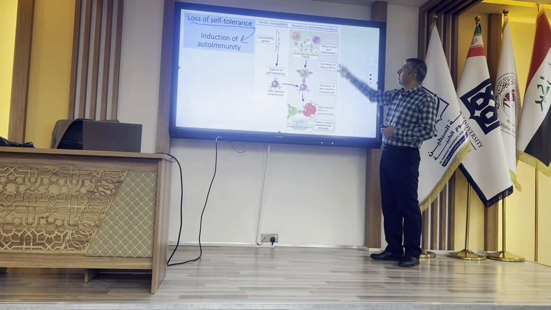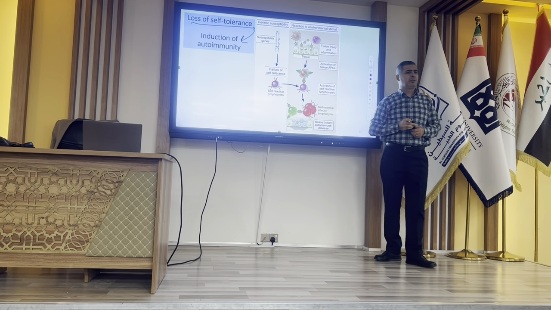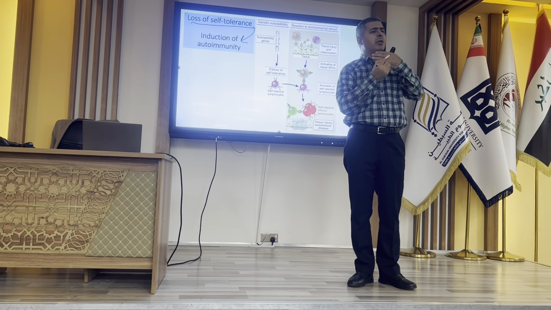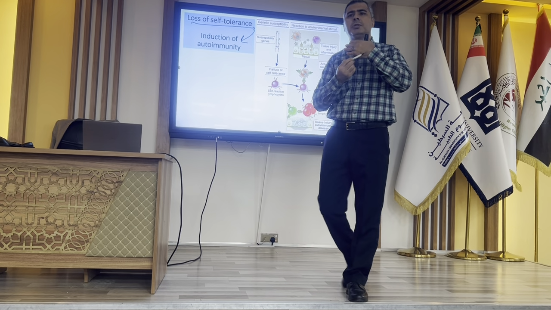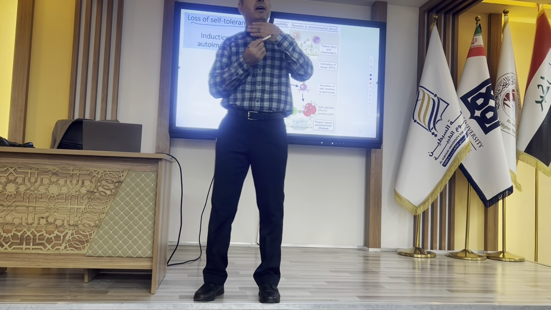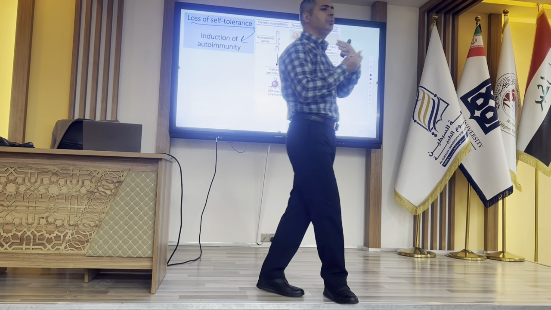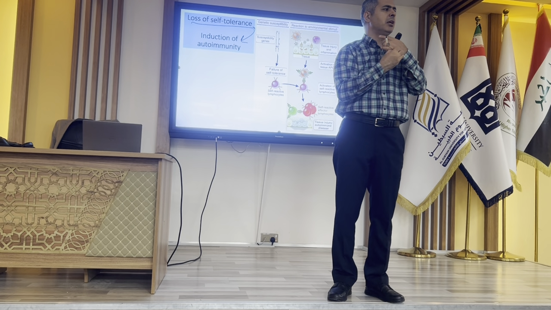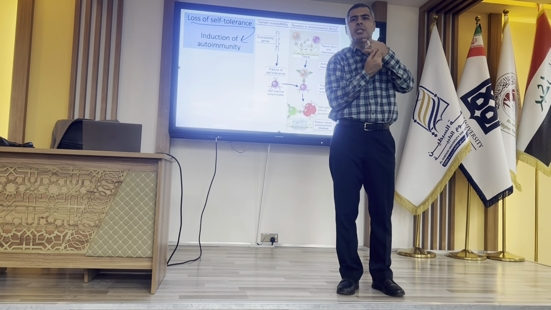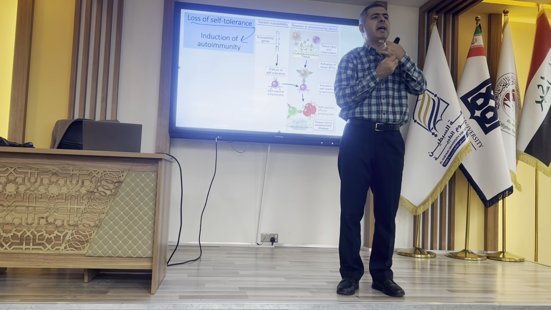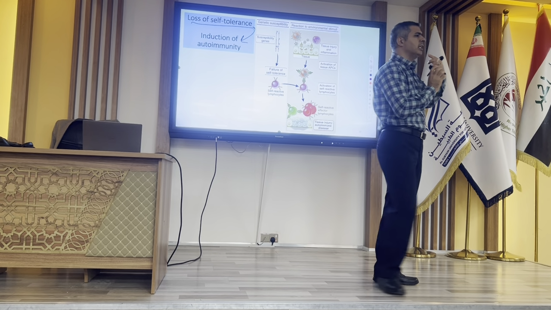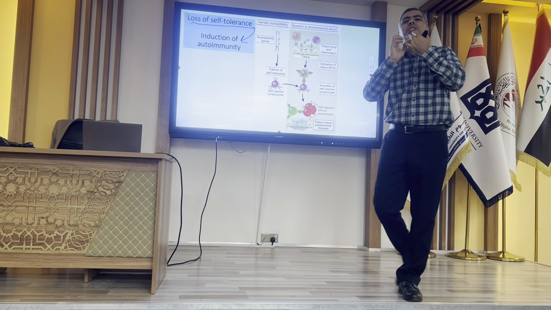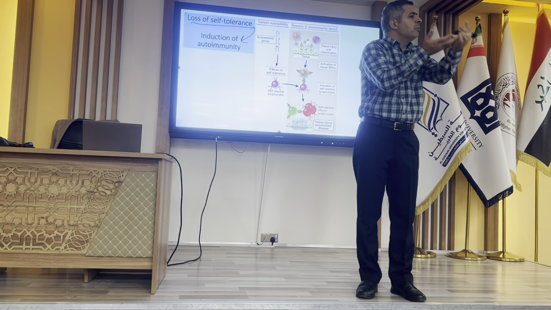The other factors are environmental factors. For example, it's very simple. I have a normal tissue, normal protein and normal antigen. When I have these, I do not have any immune response against these normal antigens. But if I have a mutation in my self-antigens, and as a result of the mutation the composition of the self-antigen changes, then we will have a new antigen.